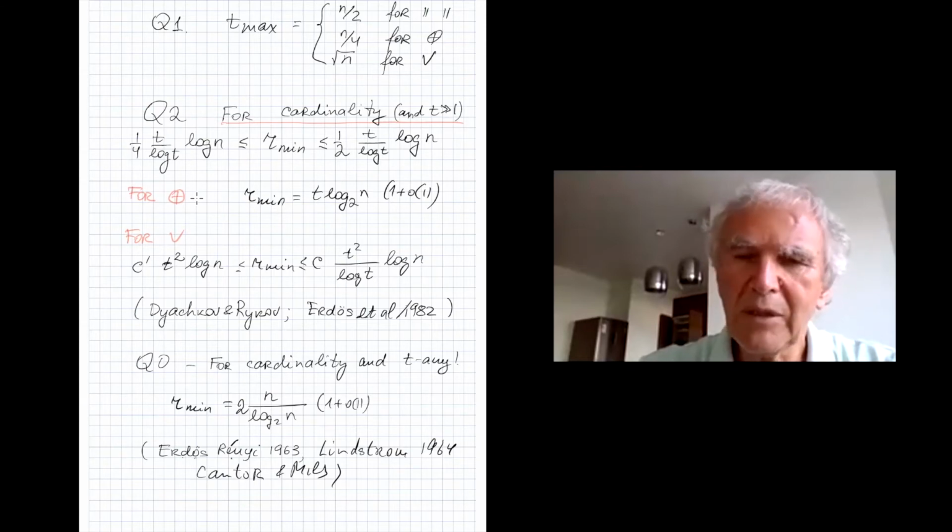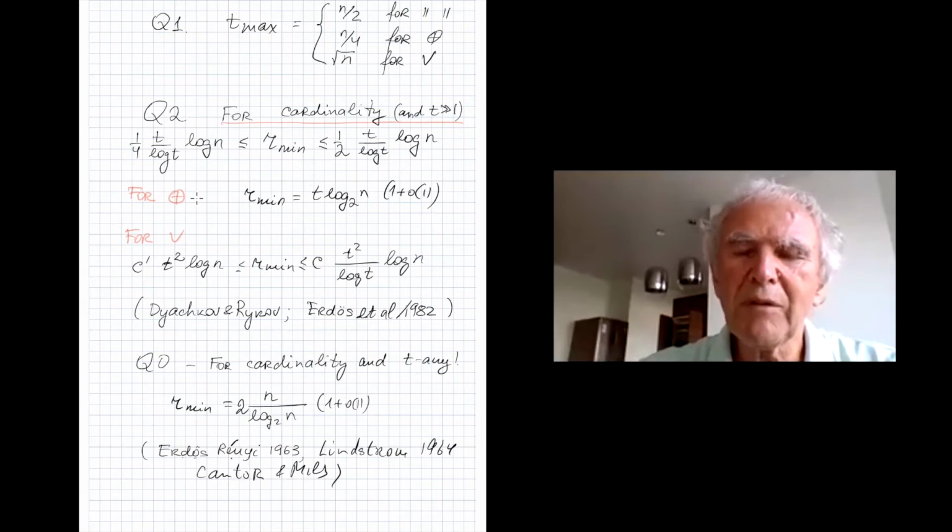What is even better, it's of course asymptotic, but in fact this number of questions is not bigger than T times log n plus 1 to be more precise, but cannot be smaller than the same figure minus a constant. So in this case, we know the answer asymptotically.